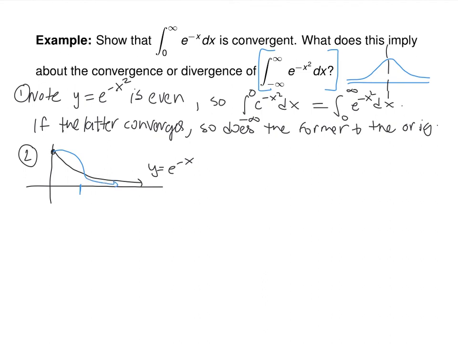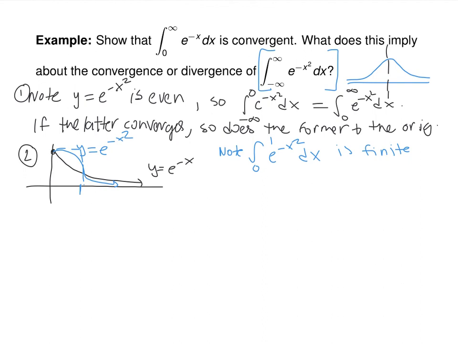It's a bit exaggerated, but that's approximately what it looks like. So you can tell that from 1 on, e to the negative x squared is below e to the negative x. And so one thing you want to note is that the integral from 0 to 1 of e to the negative x squared dx is finite. You could technically make a box and show that it's less than 1, but it's a finite number, not infinite.